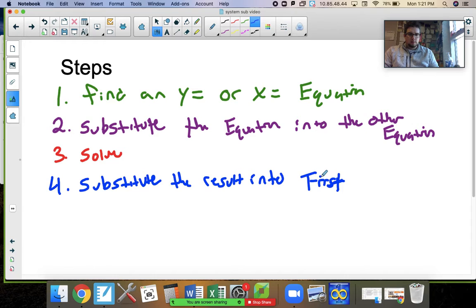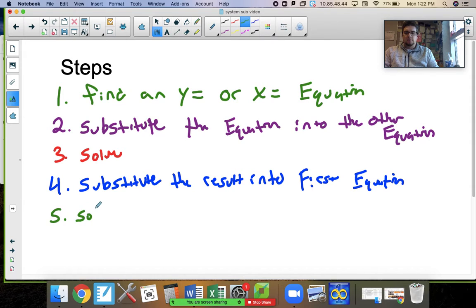Sorry, my tablet's not writing as quick here. That was just a botched word there. The first equation. Step number five, and the final step, we solve again.